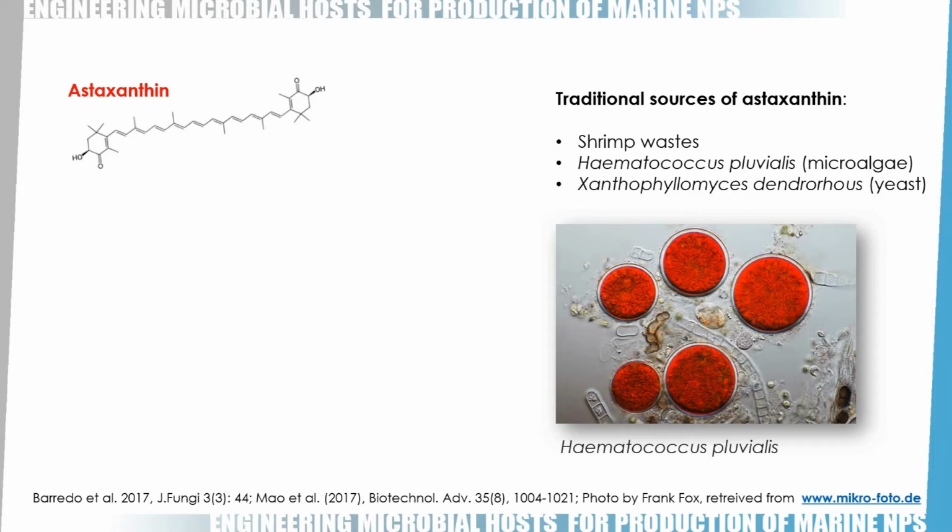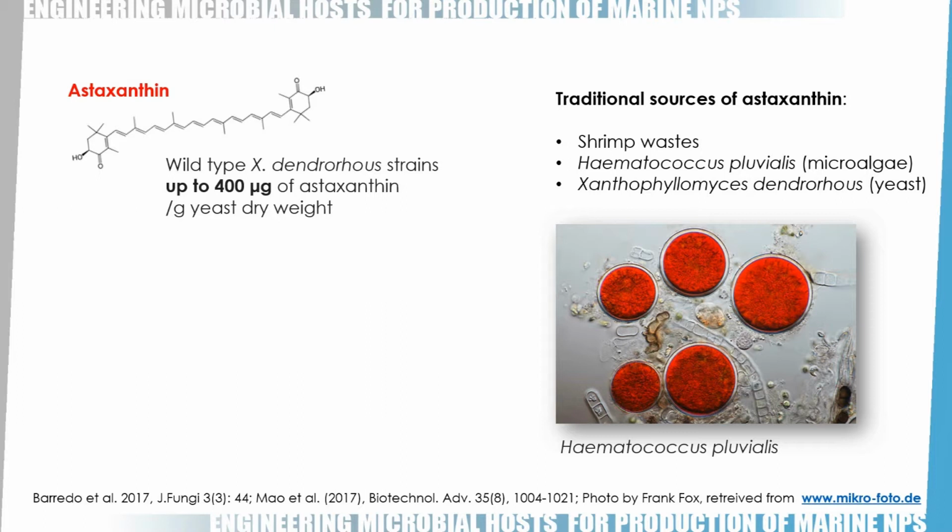However, considering the limited productivity of astaxanthin by its natural producers, and the biosafety issues of chemical synthesis where astaxanthin is produced from petrochemical sources, microbial production of astaxanthin via metabolic engineering has become an attractive alternative.